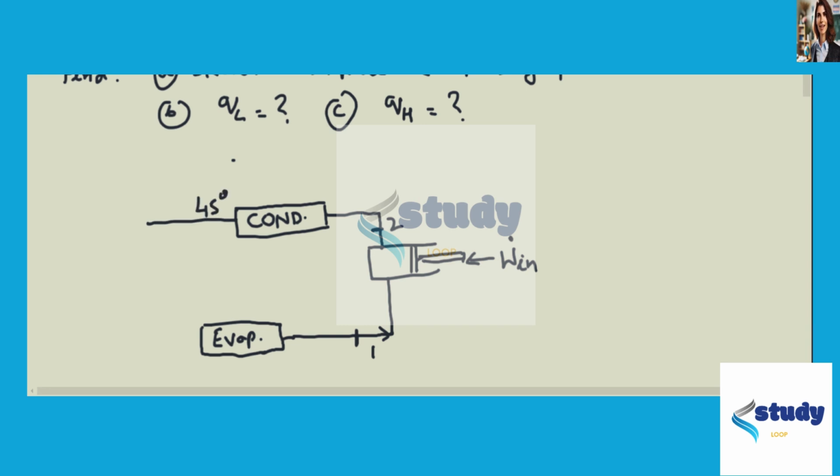This is at 45 degrees Celsius. Evaporator at minus 5 degrees Celsius. That is expansion valve.